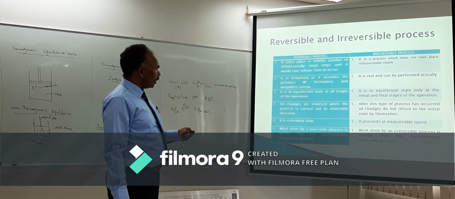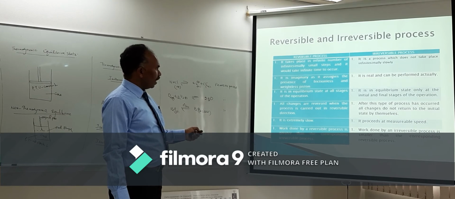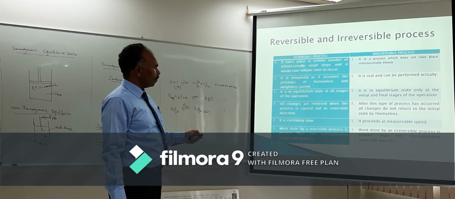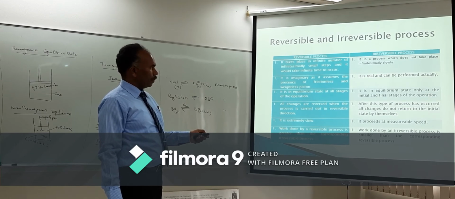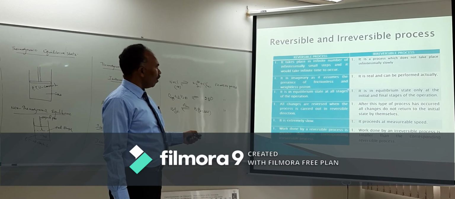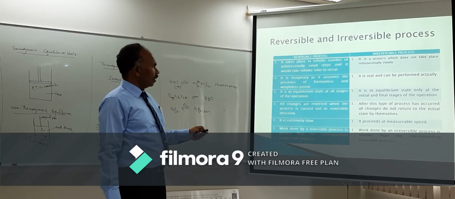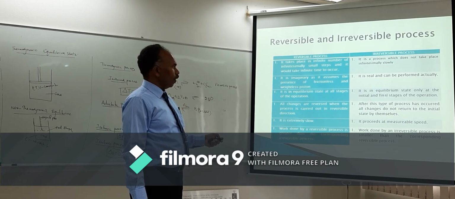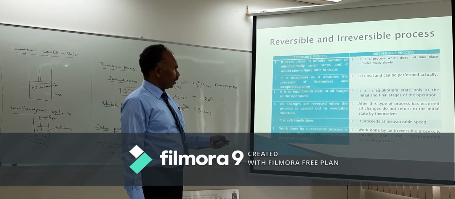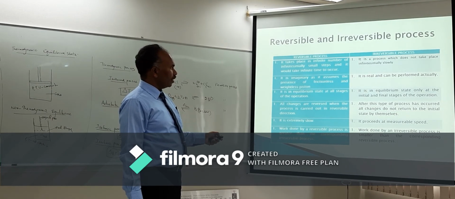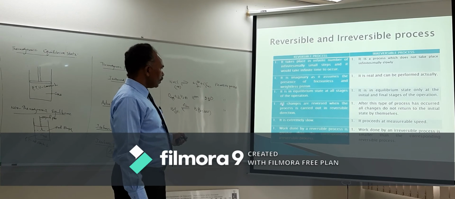A reversible process is imaginary, as it assumes the presence of a frictionless and weightless piston. An irreversible process is real and can actually be performed. A reversible process is in an equilibrium state at all stages of the operation. An irreversible process is in an equilibrium state only at the initial and final stages, but at other stages it is not in equilibrium.